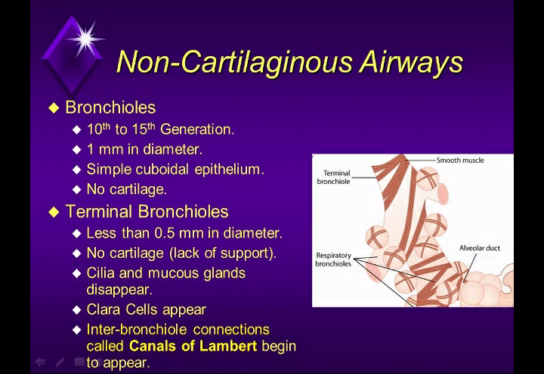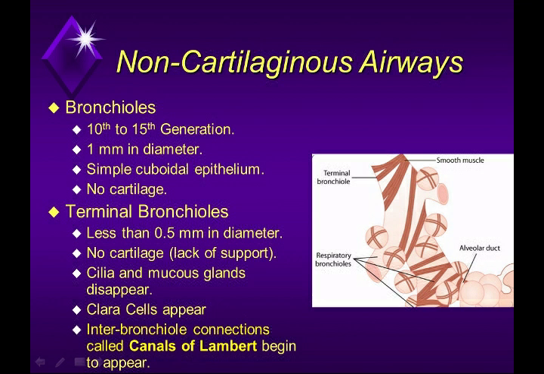Now we're down to about 1 millimeter in diameter. Now we're starting to lose the ciliated tissue. We also lose cartilage. Whenever you see the 'oles', that means you no longer have cartilaginous support.